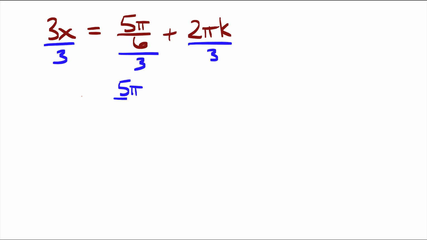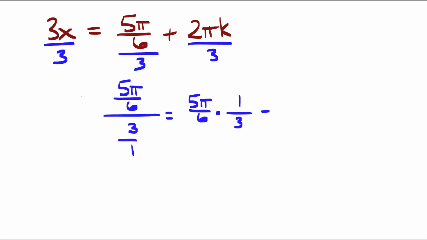The middle one right here: pi over 6 being divided by 3, which is technically 3 over 1. This is the other way of thinking about it. We think of it as complex fractions, and what we do is keep, change, and flip it over. So flip the 3 over 1 to 1 over 3 and multiply together. Notice you get this denominator of 18 again.